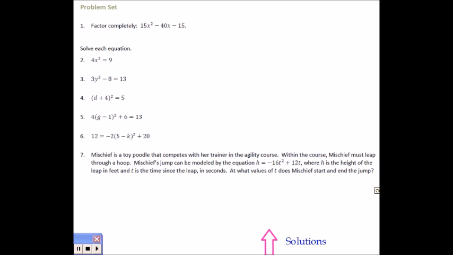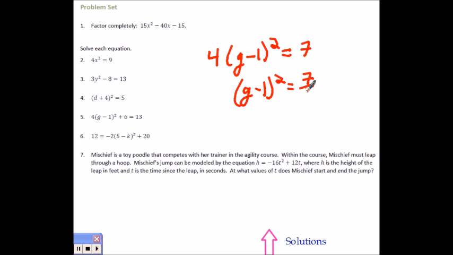Number 5, let's see, I got to figure out what order to go in if I'm going to isolate the variable. It's 4 times (g - 1) squared plus 6. So the plus 6 is what I'll get rid of first. So I get 4 times (g - 1) quantity squared equals 7. Divide both sides by 4, I'll get (g - 1) quantity squared equals 7 fourths.